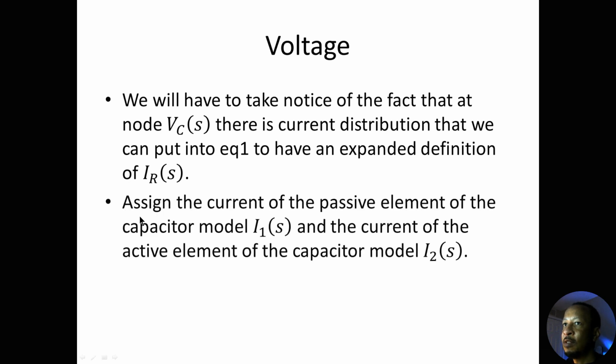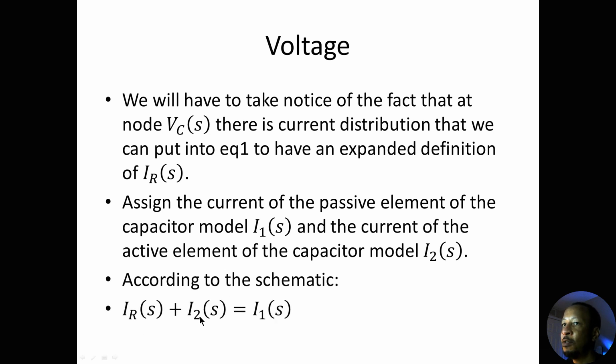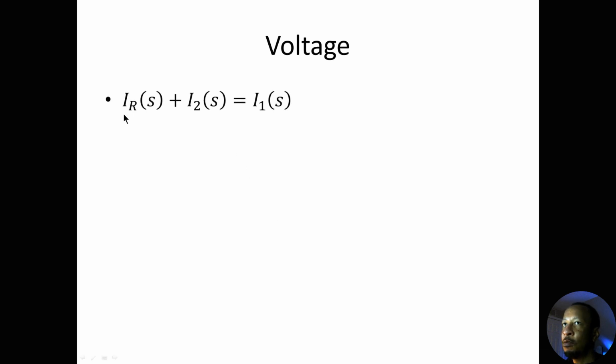So I'm going to assign the current of the passive element of the capacitor model I1 of S and the current of the active element of the capacitor model I2 of S. According to the schematic, IR of S plus I2 of S equals I1 of S. So with this relationship, I'm going to now decompose that and have IR of S plus C VC of T sub 0 equals VC of S divided by 1 over SC.